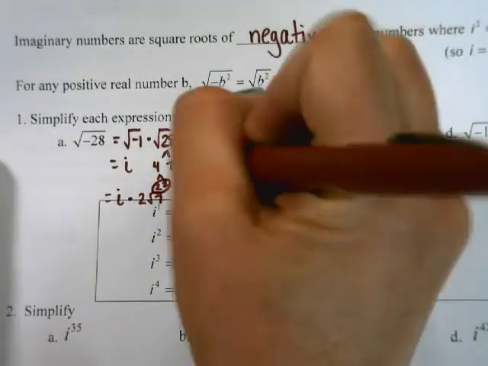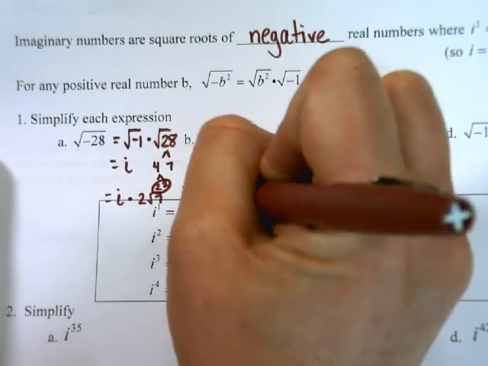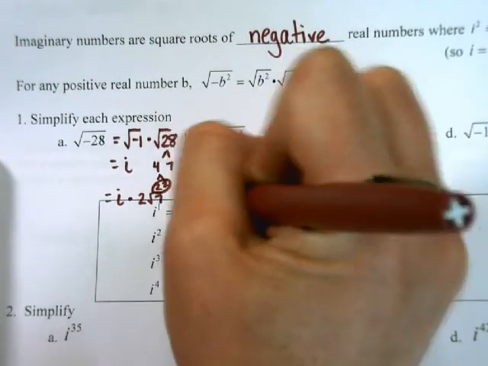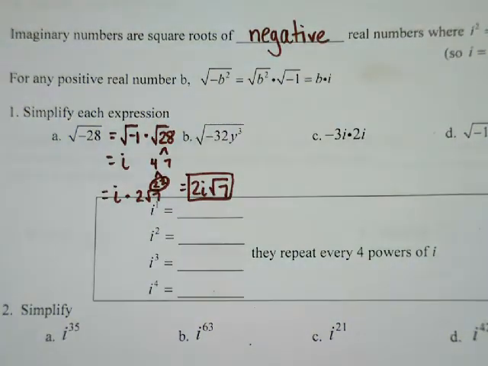And the actual correct way to write it is the number first, so that would be 2i square root of 7. So the negative comes out as an i, and then it's what you've been doing.